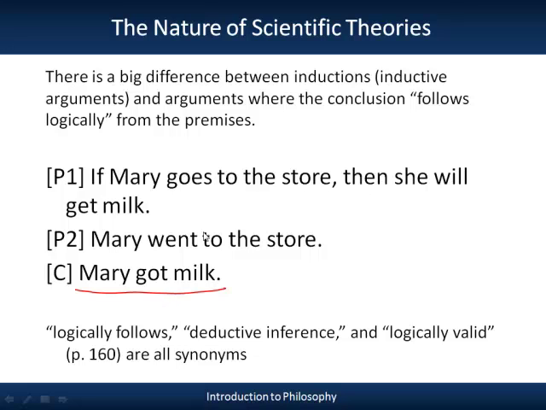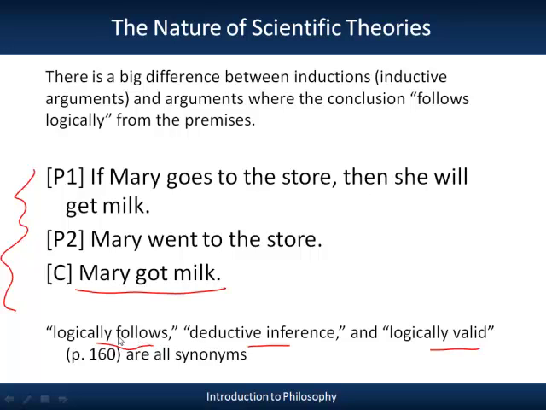So if our premises are true for this argument, then our conclusion is guaranteed to be true. And so we call arguments like this one here deductive inferences, or logically valid, or arguments where the conclusion logically follows from the premises.